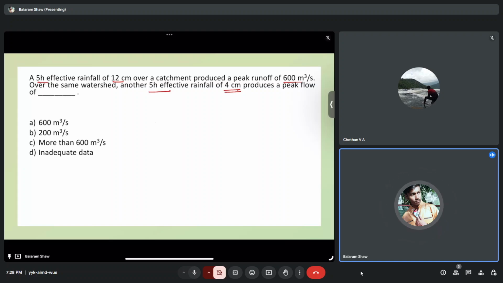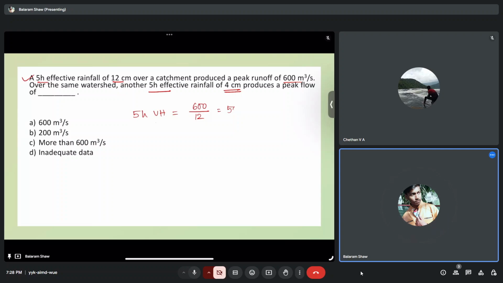So from the first, you can get the unit hydrograph. The 5-hour unit hydrograph will be 600 by 12. That is how much? 50.